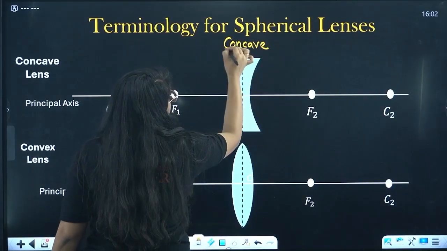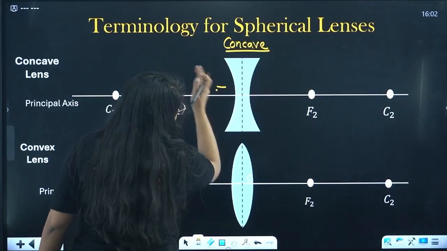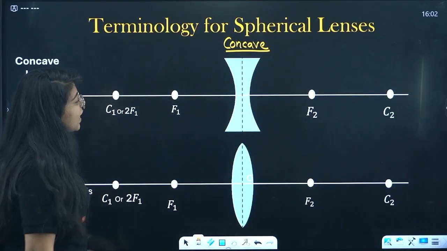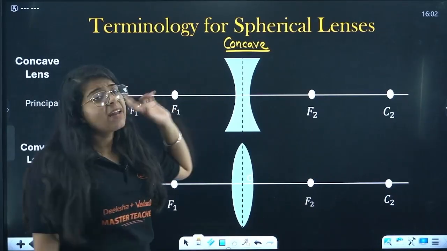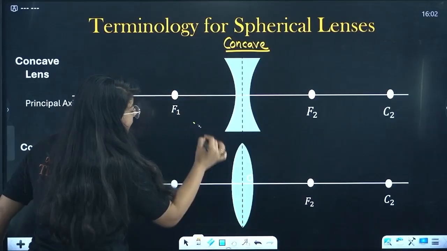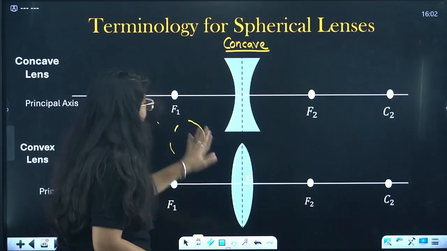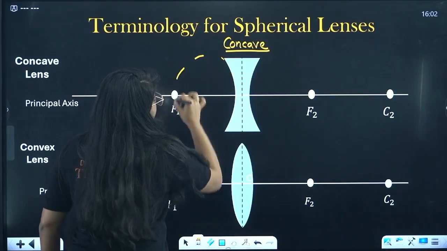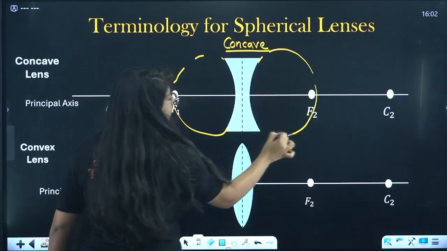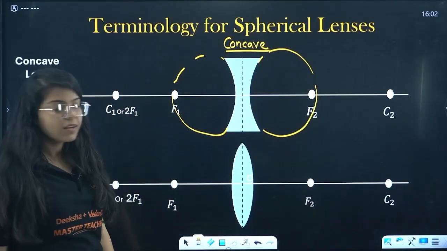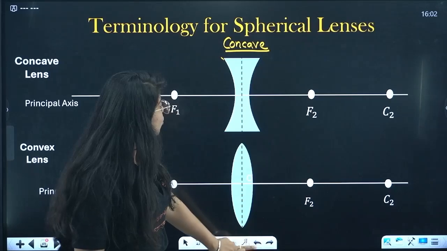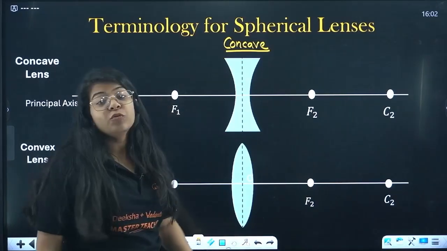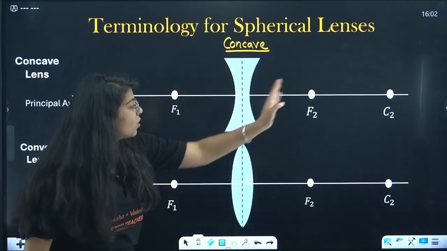Going in the cave, beta, see, there we only had one sphere. We had just this, we completed the sphere. But if I complete the sphere here, there is one sphere here and one sphere here. So I will have 2 centers of curvature, 2 focal lengths, one on this side, one on the other side.